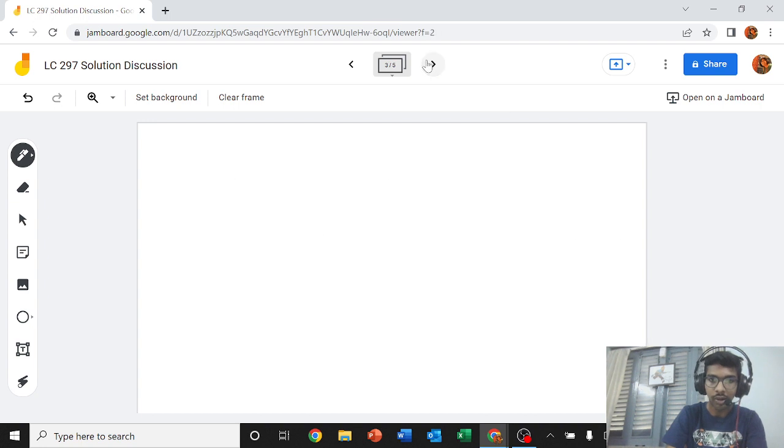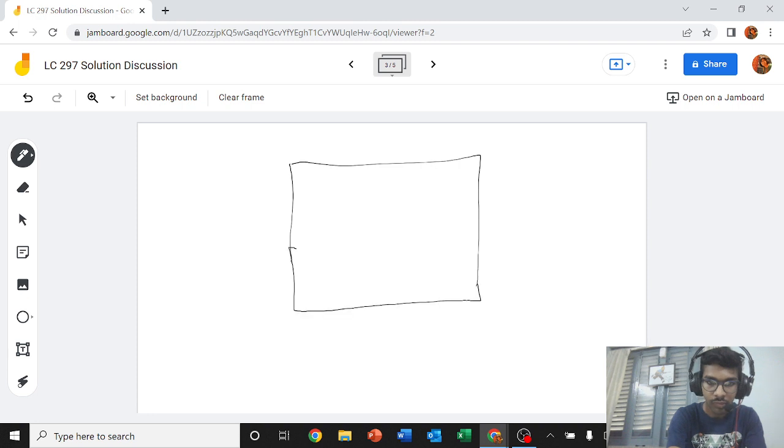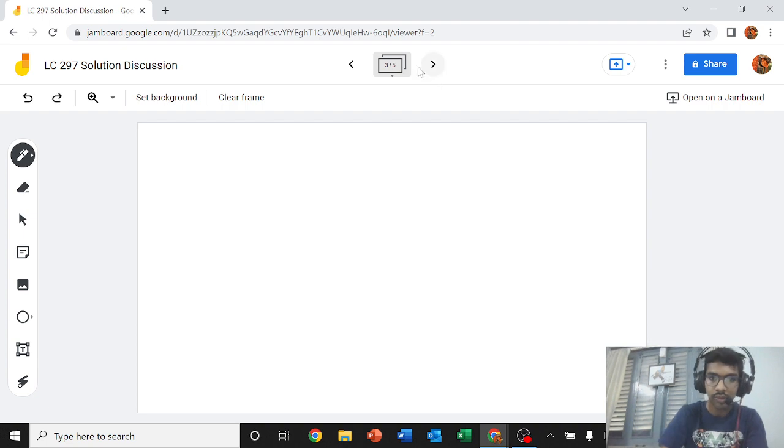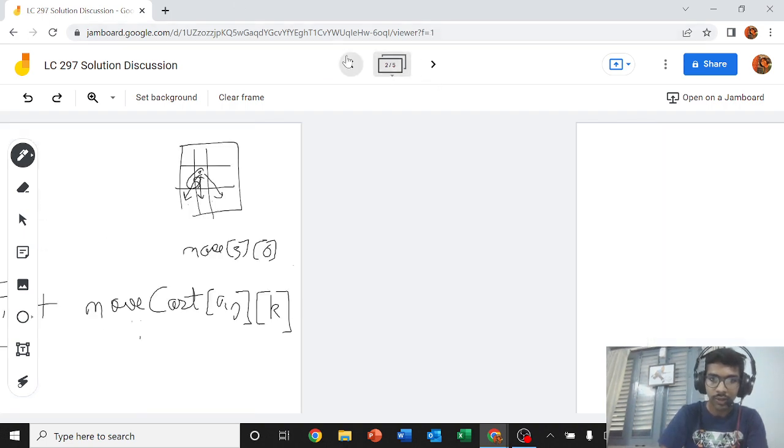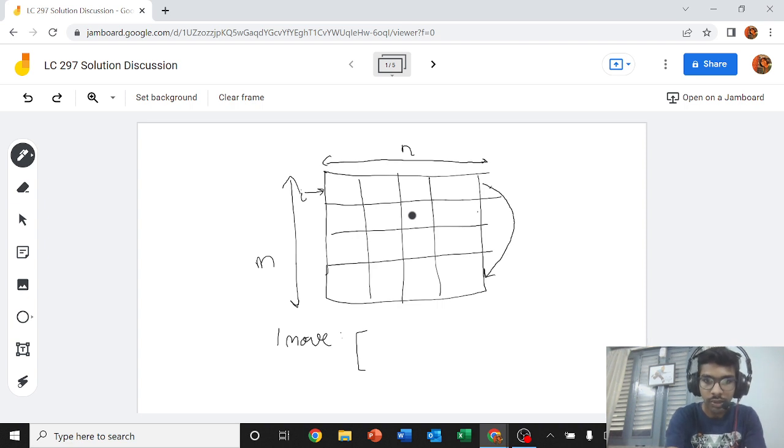Now for this given matrix, we need to calculate the minimum cost to travel from this row to this row, and we can start from any particular cell of our preference, and we can choose any destination cell of our preference.